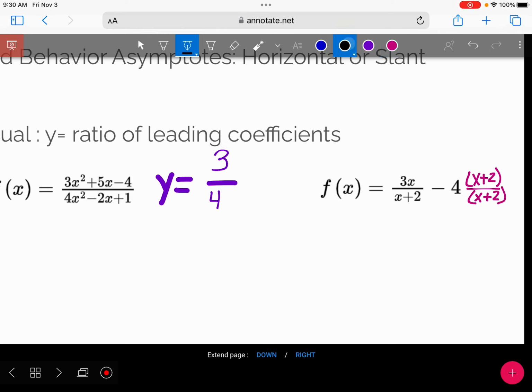Vaguely familiar. So that we have 3x minus 4x minus 8 over x plus 2. Vaguely familiar?